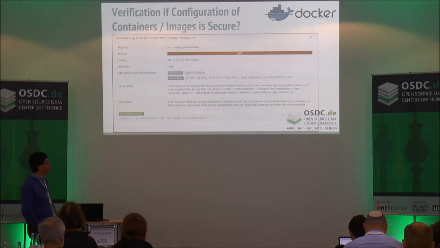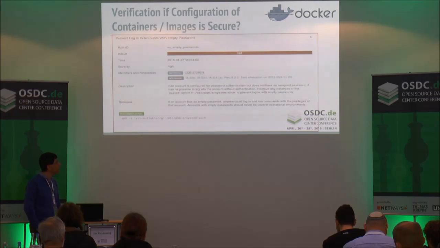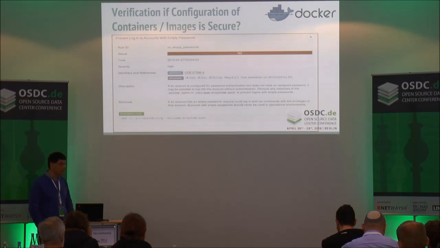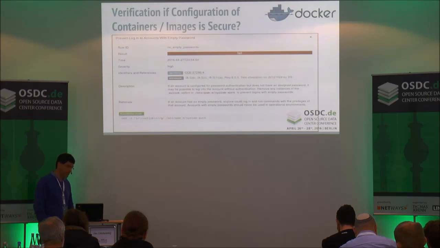It resulted in one or more rules not being satisfied, and this is an example of a concrete feature that wasn't met. In this case, the container allows logging in users that have empty passwords.